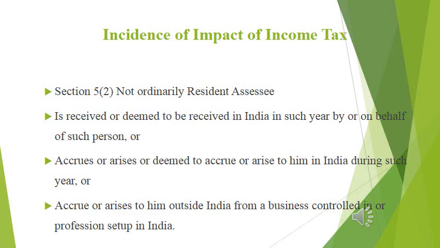In the case of resident, it is accrues or arises to him outside India during such year, whereas in the case of not ordinarily resident, it is accrues or arises to him outside India only from a business controlled in or profession set up in India. Clear? So there is some sort of relaxation here for the not ordinarily resident assessee.